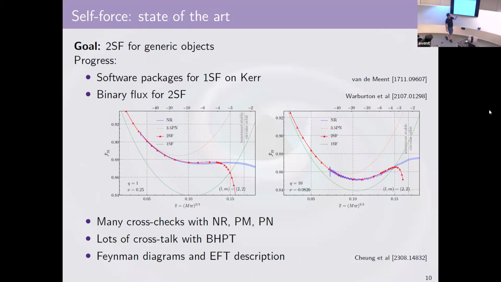And essentially, you can think of self-force as doing some resummation of post-Minkowski with some other parameter kept small, or similarly, post-Newtonian with some set of parameters kept small. So you can always do the other expansions and check between all the different theories, even when you don't have access to numerical relativity.